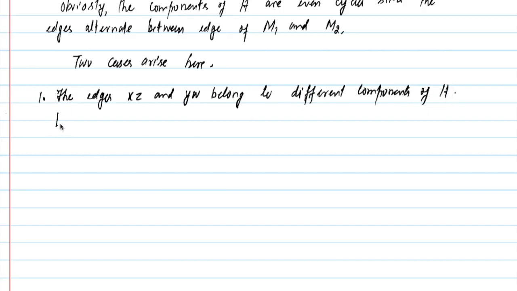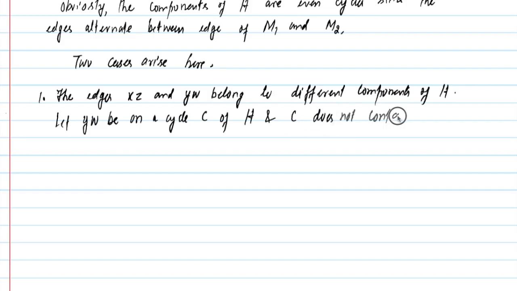Now let's pick up a cycle C. Let yw be on a cycle C of H, and this C does not contain the edge xz. So we have a situation of this form.